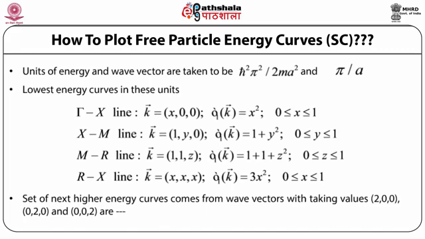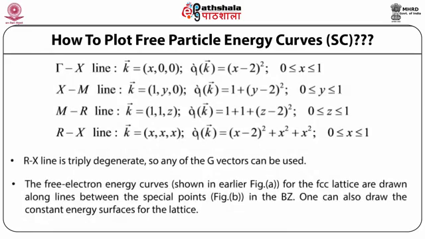The set of next higher energy curves comes from the wave vectors taking values (2, 0, 0), (0, 2, 0) and (0, 0, 2), and this will be described later. Now continuing from before, the next higher energy curves for the simple cubic structure are found in a similar manner. The first line is the gamma X line. Again the k vectors are (x, 0, 0). Now note that the energy is (x minus 2) whole square.